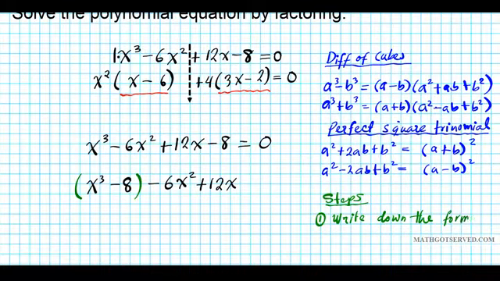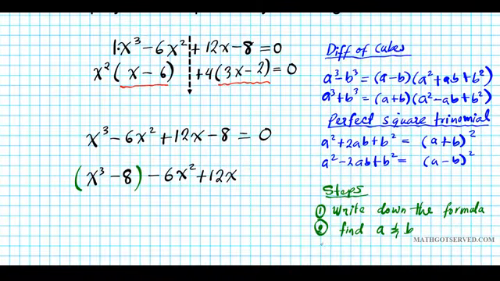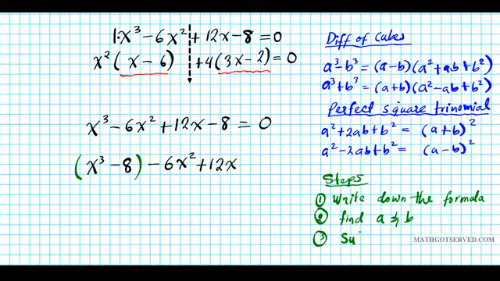There are 2 formulas here, so you want to be careful to write down the correct formula. Step number 2, you want to find a and b. And lastly, you want to substitute and simplify.